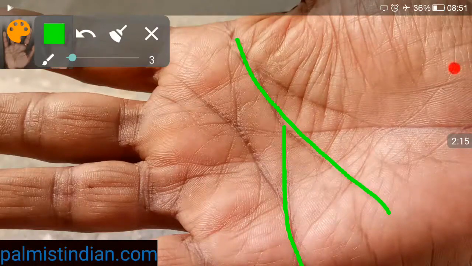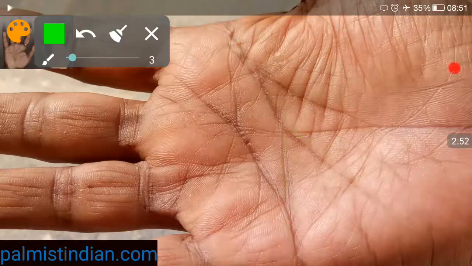A person might have misplaced affections and might be affectionate to somebody who might not be worth their affection, and the person might misjudge a situation or some people in their life who might not be the right people, and they might bring losses to this person, and in relationship also the person might not be happy. This is what the heart line going towards the headline means.